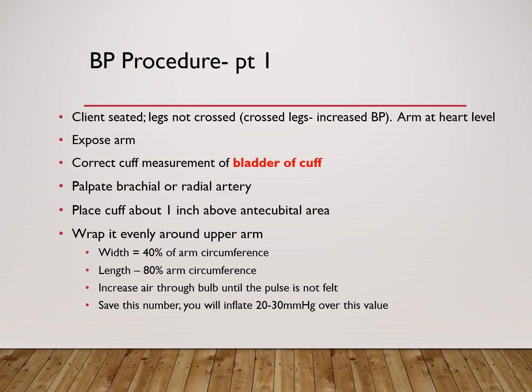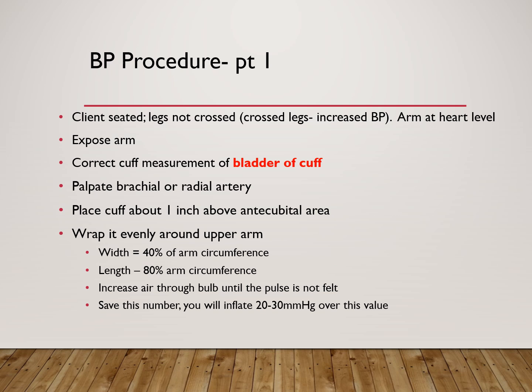You're trying to utilize the air in the bladder of the cuff to obliterate the brachial artery. So when you increase the air through the bulb until the pulse is not felt, you are compressing that artery, or obliterating the artery.